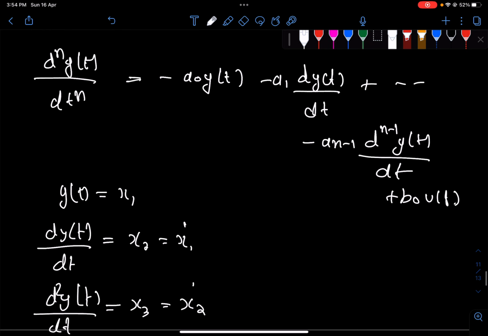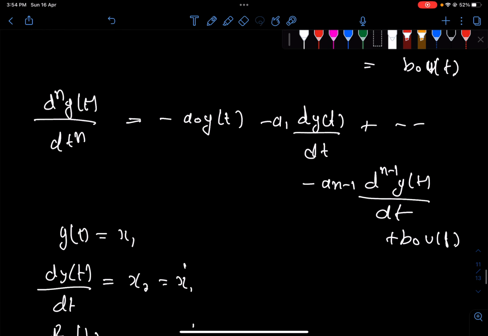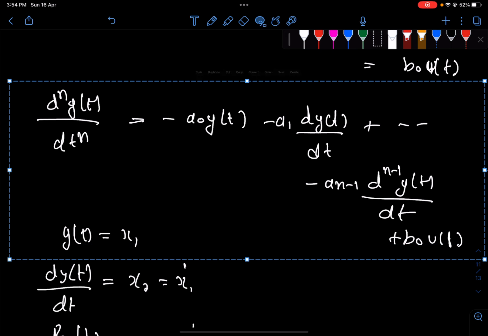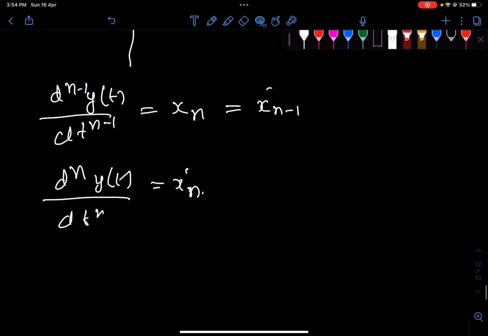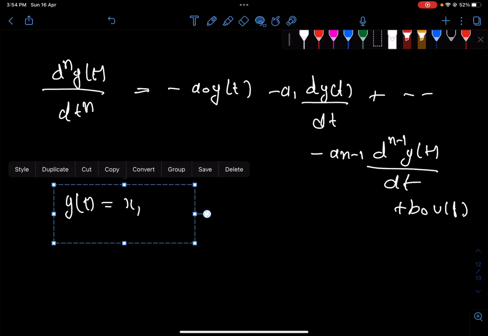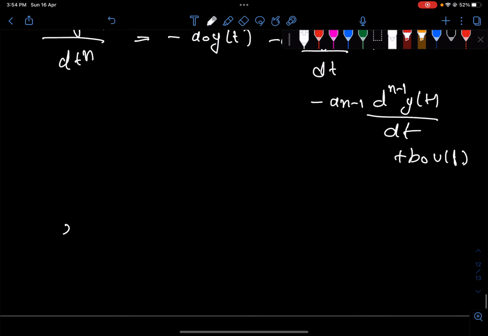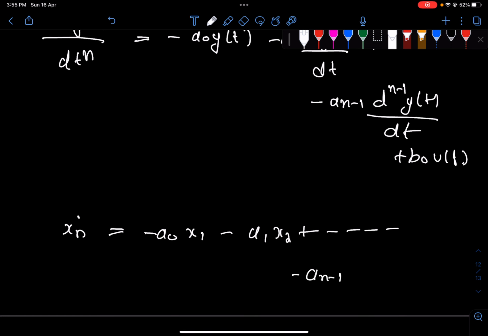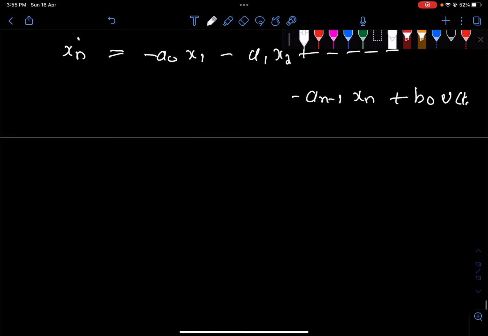So we are substituting everything into the equation we got, right? So our equation will be like what? xn dot equal to minus a0 x1 minus a1 x2. It goes like that, and minus a(n minus 1) xn plus b0 u of t, right?